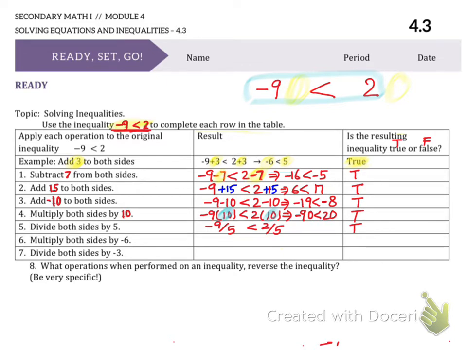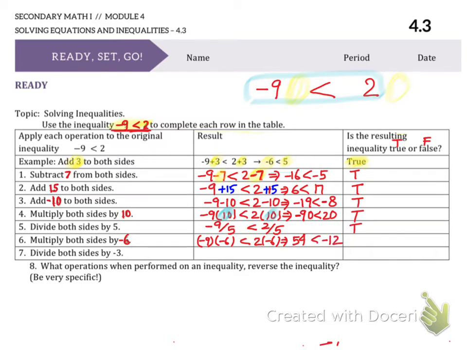That says multiply both sides by -6. So we have -9 times -6 less than 2 times -6. 9 times 6 is 54, and both are negative, so it turns positive, less than -12. Is 54 less than -12?